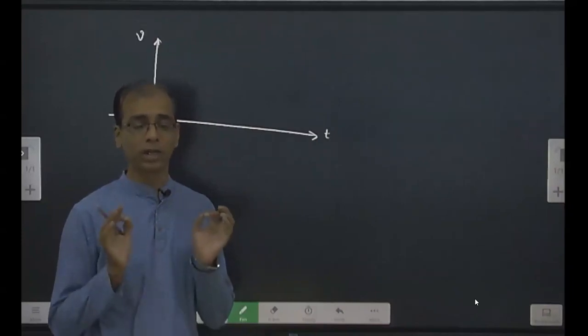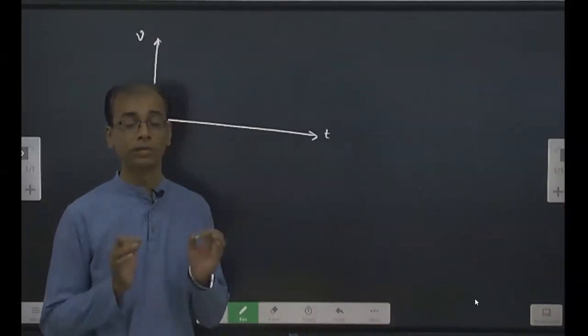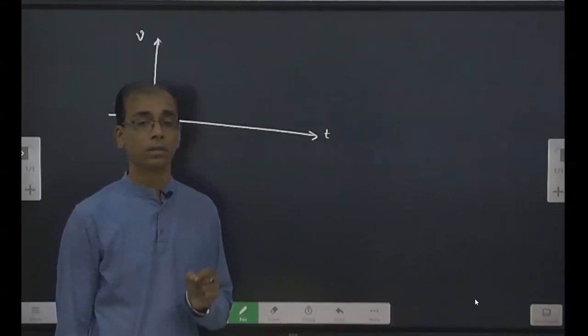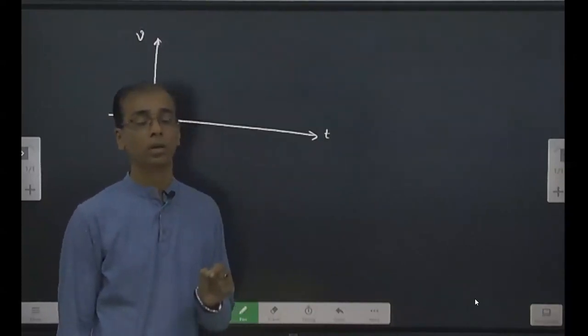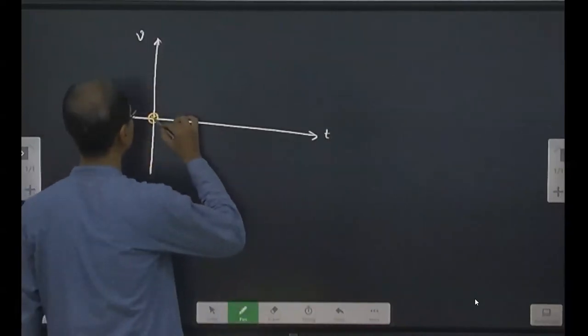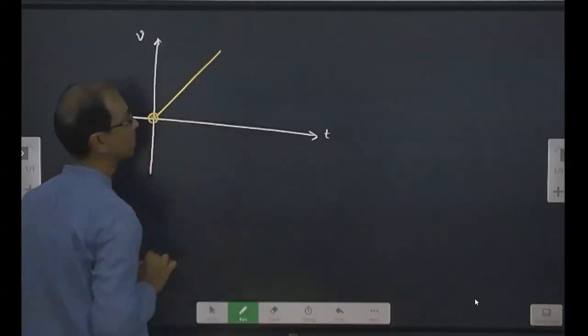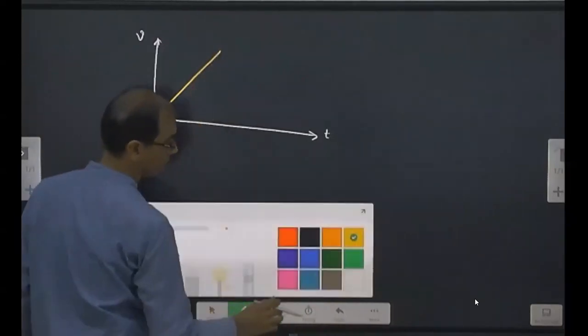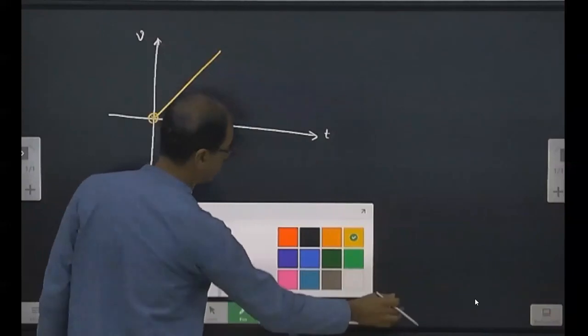That means constant acceleration was there for 5 seconds. So constant acceleration means constant slope, that means a straight line. So for the first 5 seconds, it's like this. That's 5 seconds, we'll mark it later.